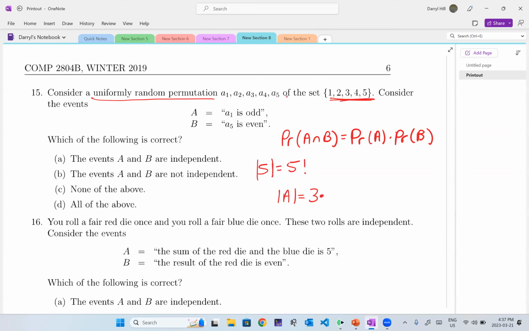Any permutation will do, so this is 4 factorial. The size of B is similar. A5 is even, so I have 2 choices there. Once I set the 5th location to that number, I have 4 numbers left and 4 locations, so there's 4 factorial ways to do that.